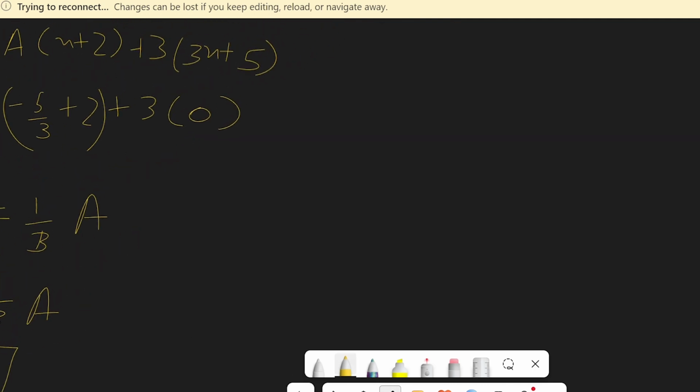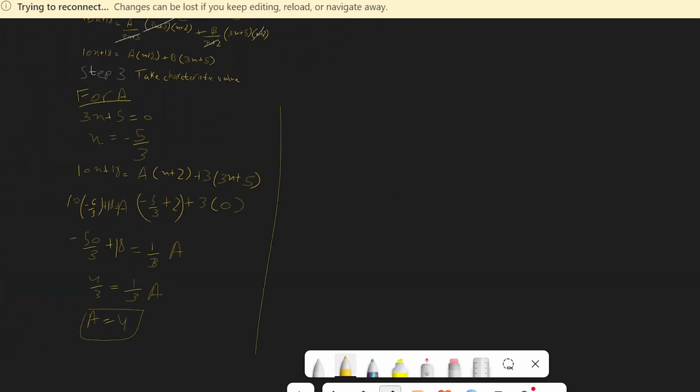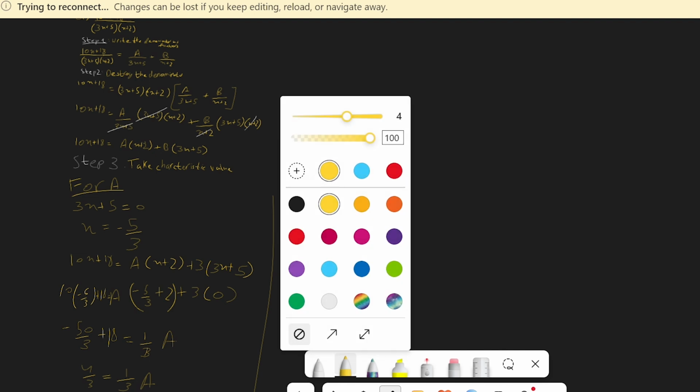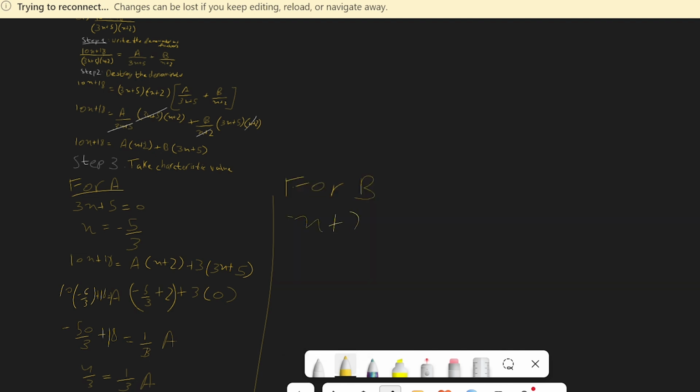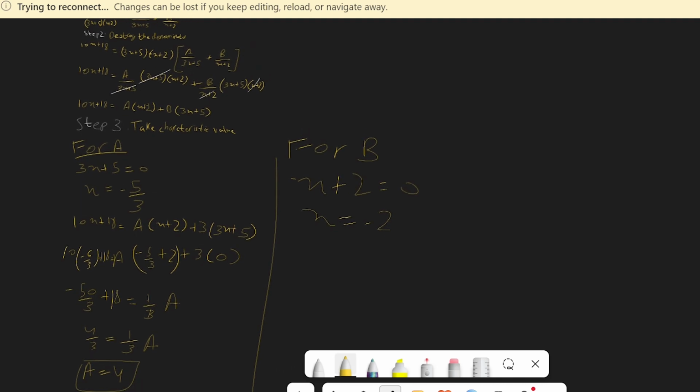Then for b, we'll follow similar steps. This time we put x plus 2 equal to 0, so x is equal to minus 2, and that way the value of b would be 10 times minus 2 plus 18.